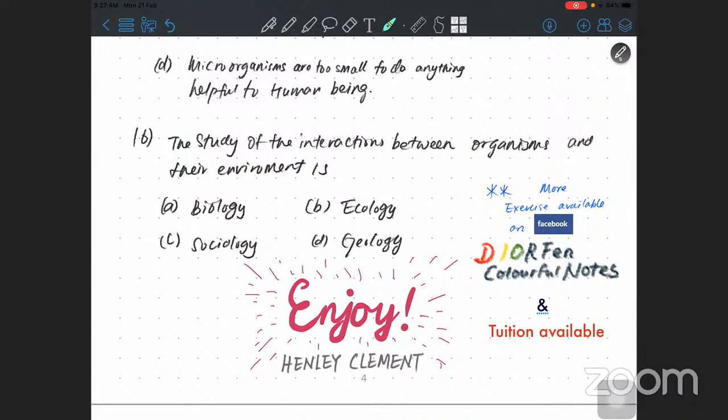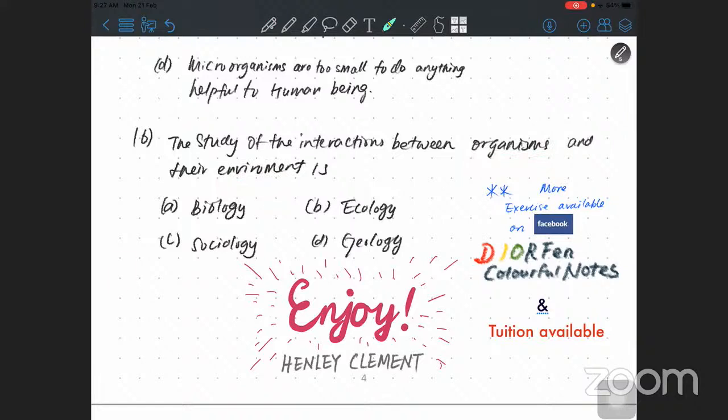So we may touch this one as abiotic and biotic factors. Abiotic and biotic factors. Okay. So to study this topic, we need to know about the interaction. How they interact. The interaction between the organism and the environment.